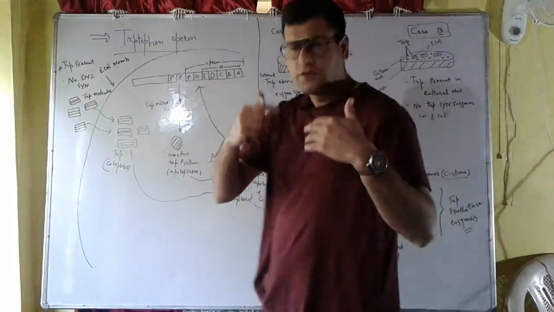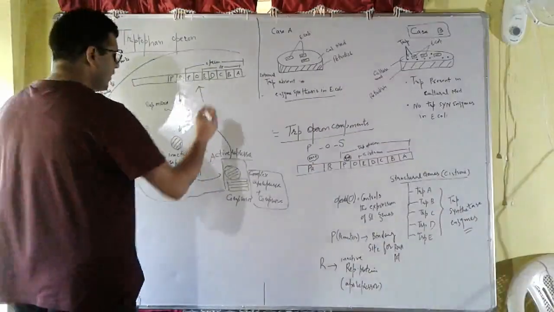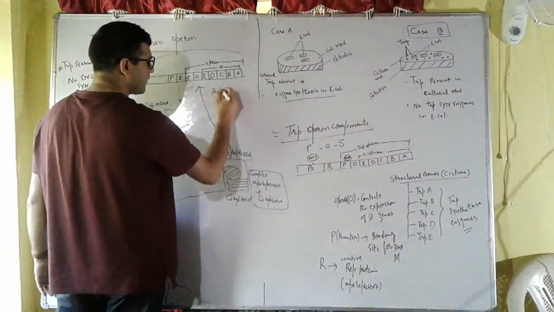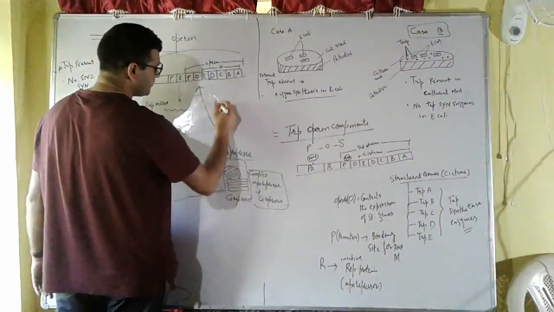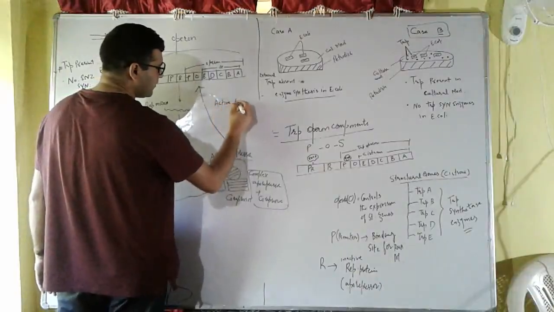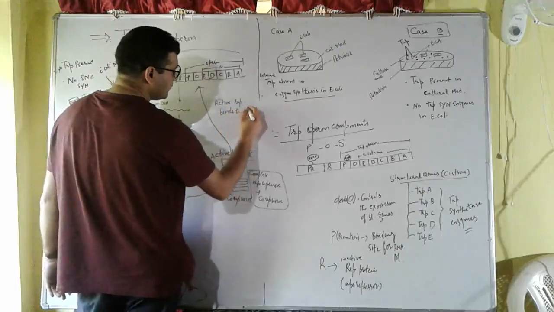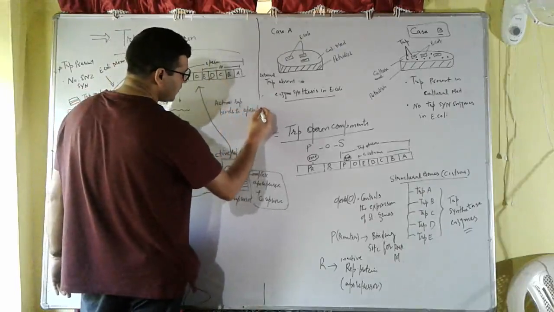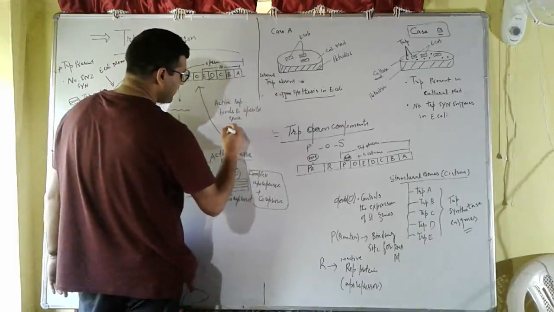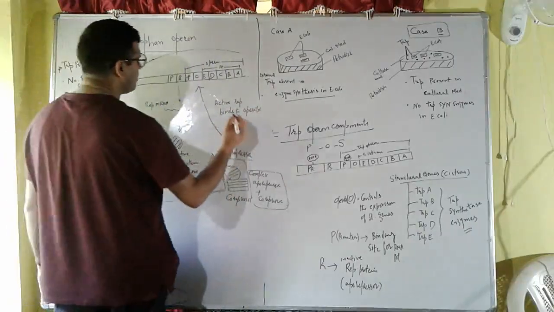When the active repressor binds to the operator gene, it blocks the road for the RNA polymerase.